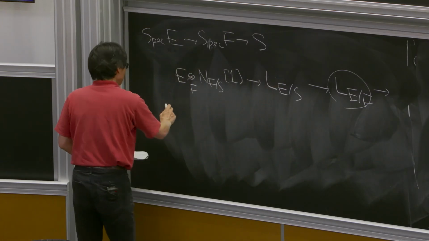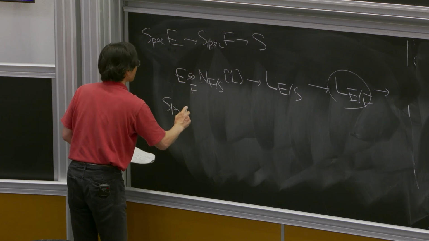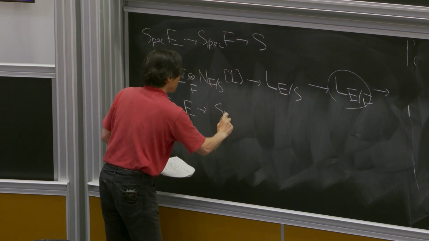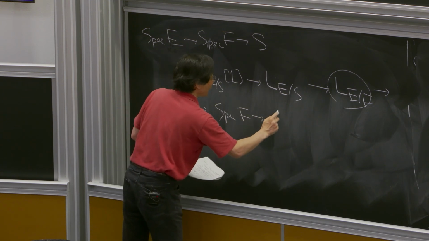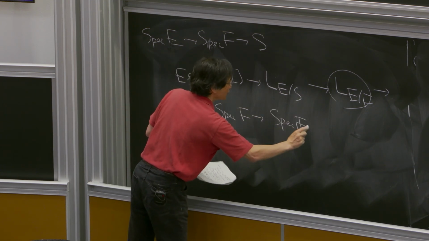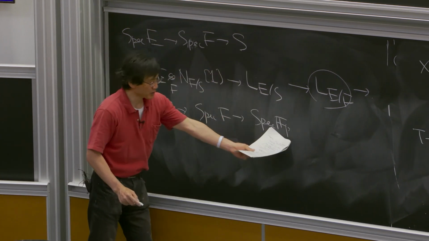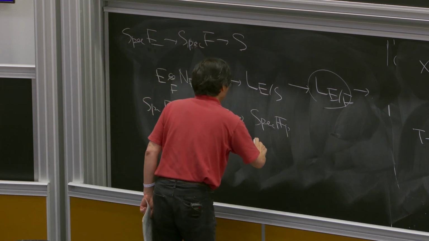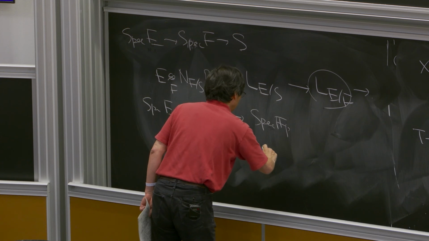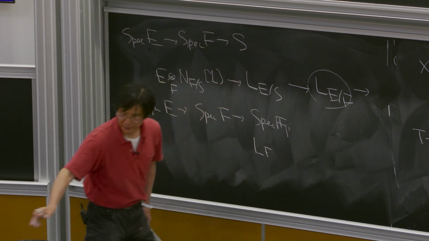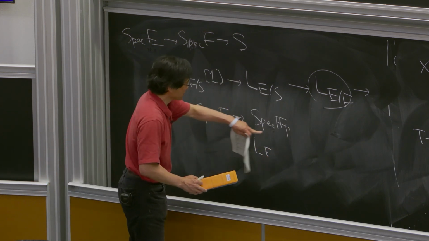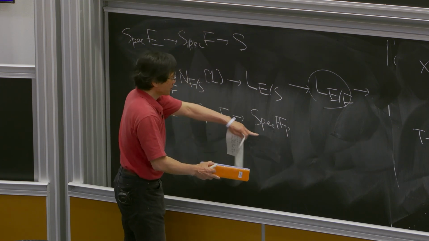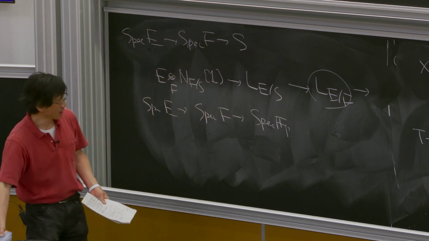To know what this is, we study this first. To study this, we replace this S by spec of F_p. Then similarly L. This is not quite smooth, but it may not be of finite type, but it is a limit of something of finite type.